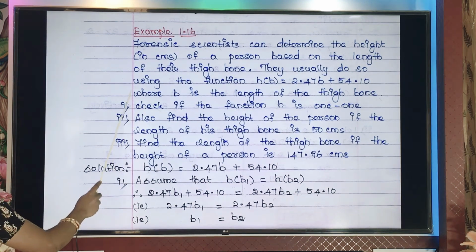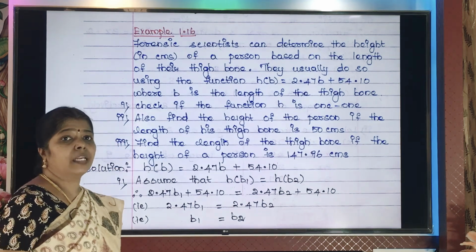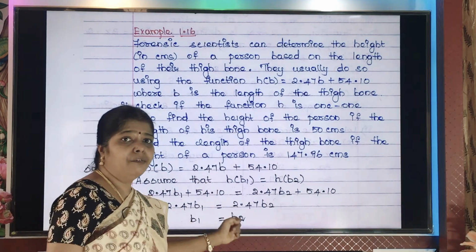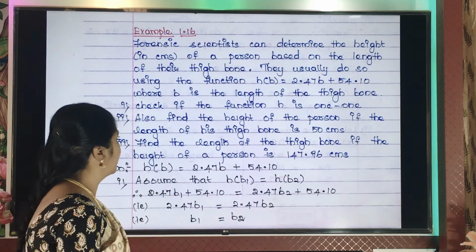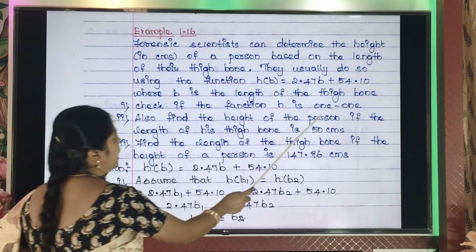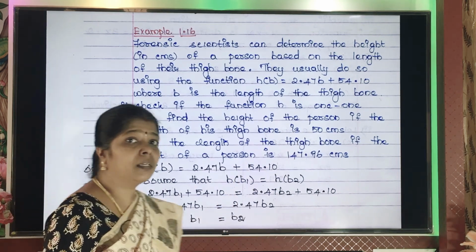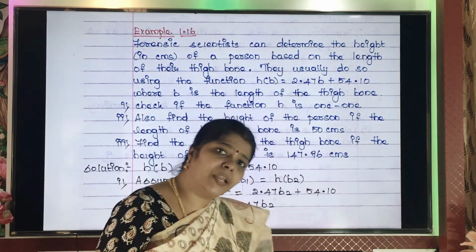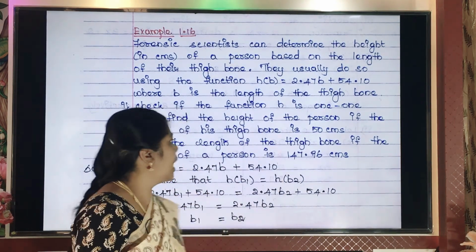The first is check if the function H is 1 to 1. First question is we need to check whether the given function H is a 1 to 1 function. Second, find the height of the person if the thigh bone is 50 centimeters. Suppose a person is having a thigh bone of 50 centimeters. We are supposed to find his height.